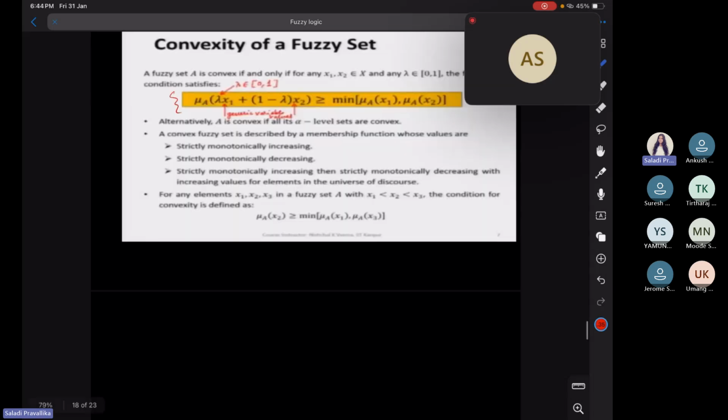We have covered alpha cut and strong alpha cut, right? So there are some other terminologies. Let us look at them. Cardinality is a measure of the number of elements in a set.